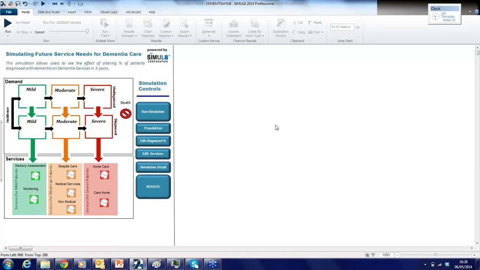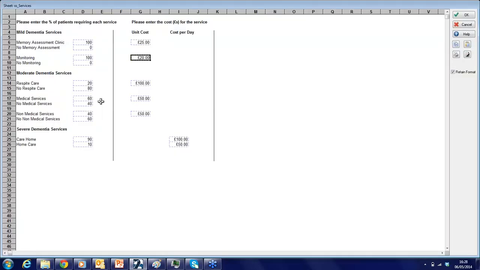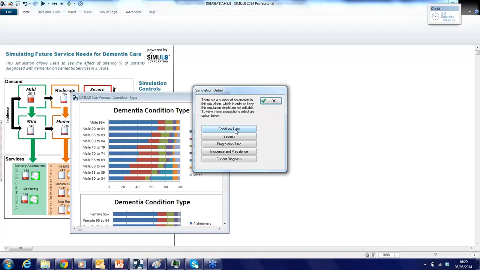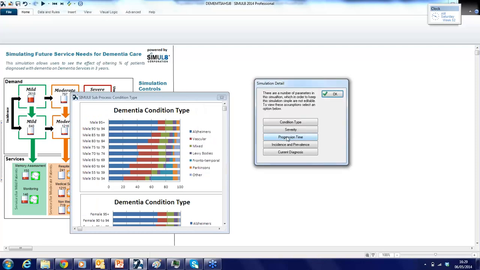Now, one of the interesting things, I think, is that when we were developing this model, we were looking at the ways in which we ought to understand the population health of people with dementia. So we know that there are a number of different dementia type conditions, and we know that they affect men and women differently, and that they progress differently. And there are different levels of severity.